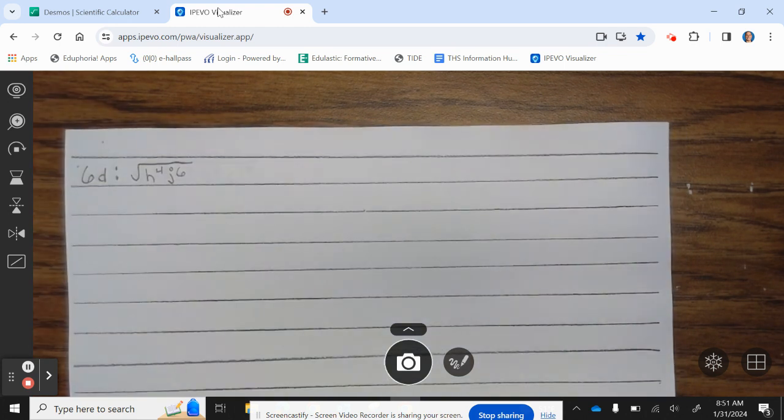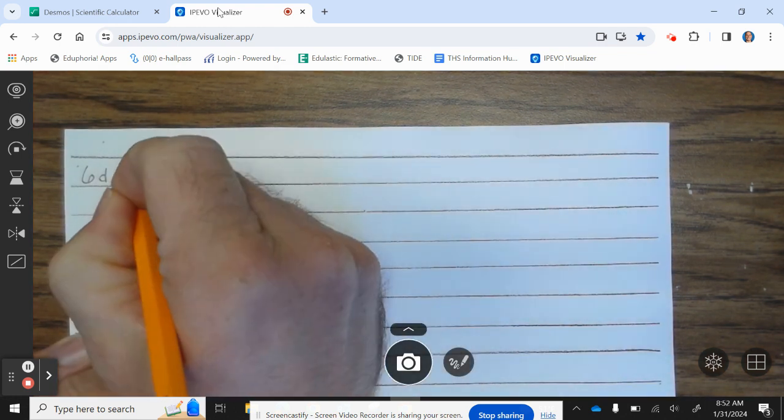Let's take a look at the next page. All right, 6d. So remember, that's the second root.